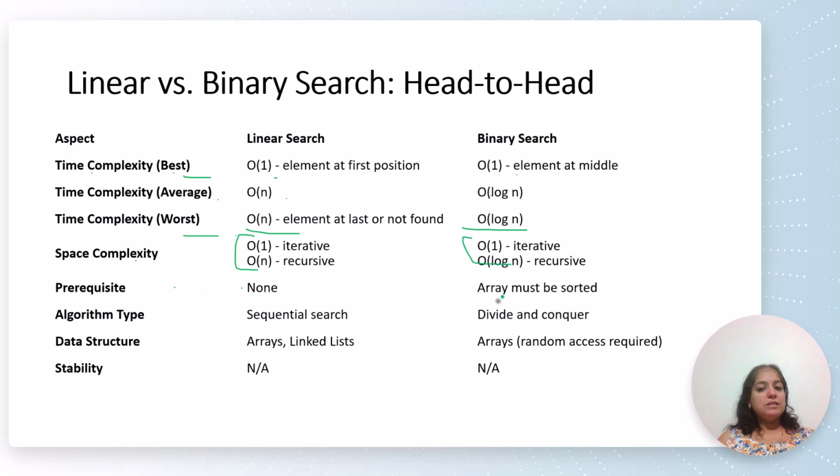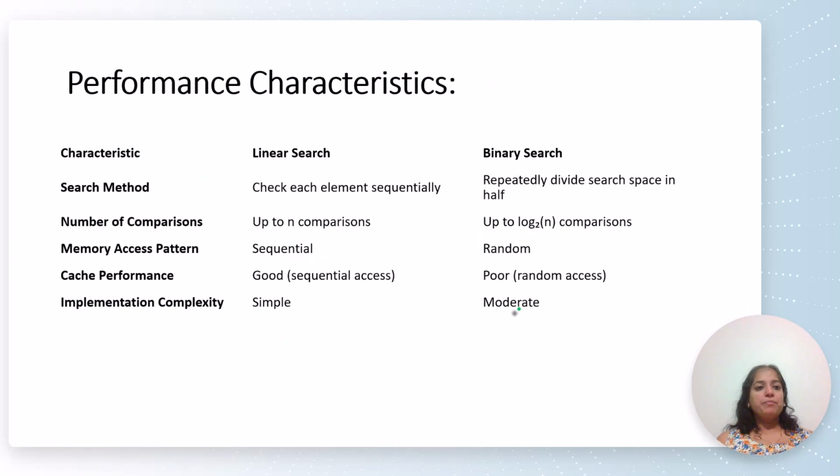Prerequisites: none for linear search, the array must be sorted for binary search. Linear search is based on sequential search, whereas binary search is based on divide and conquer. The data structure used here can be arrays or linked lists for linear search, but binary search can use only arrays because linked lists are sequential in nature and we cannot perform divide and conquer on them. That is not going to work because linked lists are sequential and binary search requires random access to the elements.